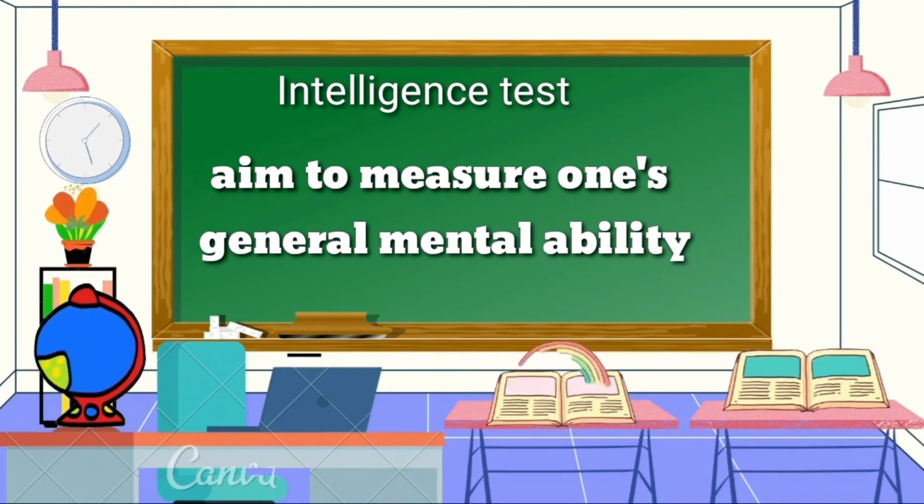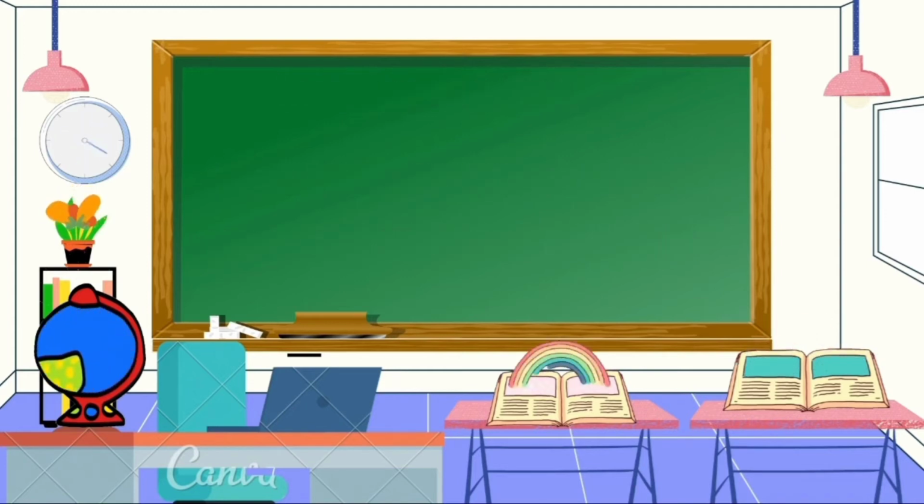So what is the IQ test, or intelligence quotient? The IQ test is used to determine whether a person has average intelligence, or is gifted, or has very advanced intelligence. One example of a person with high intelligence is Einstein.